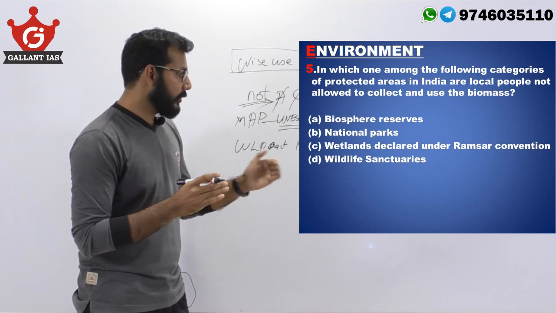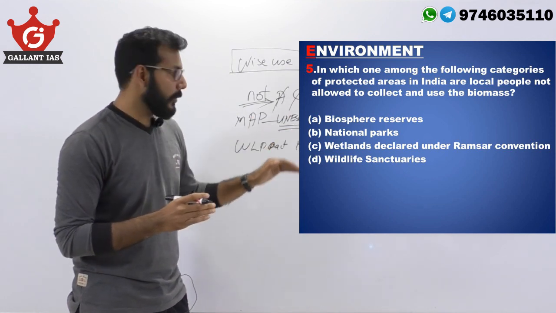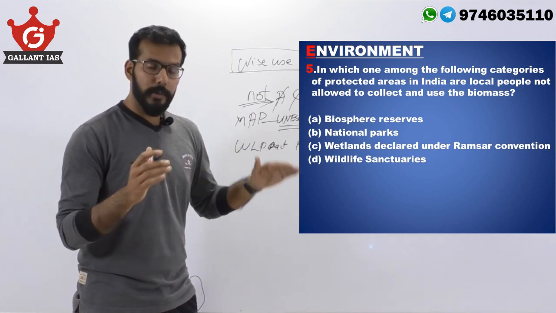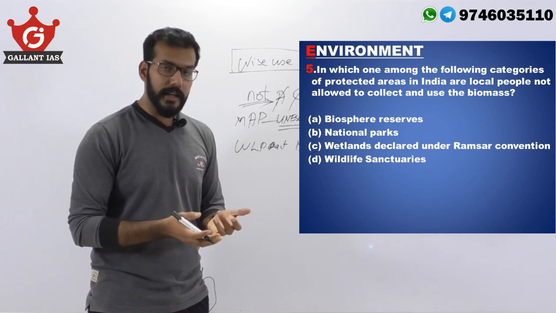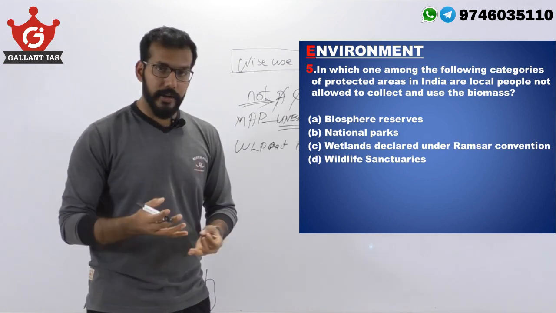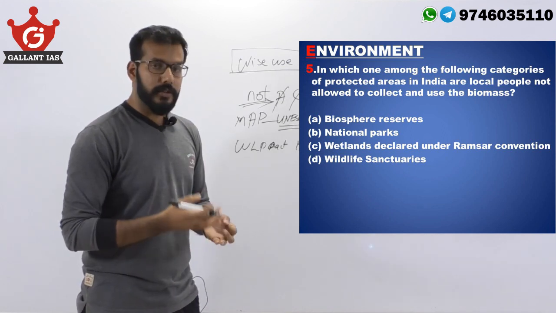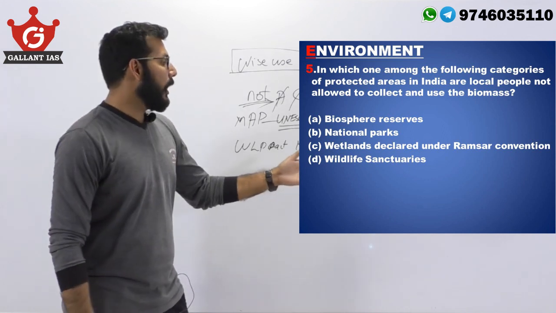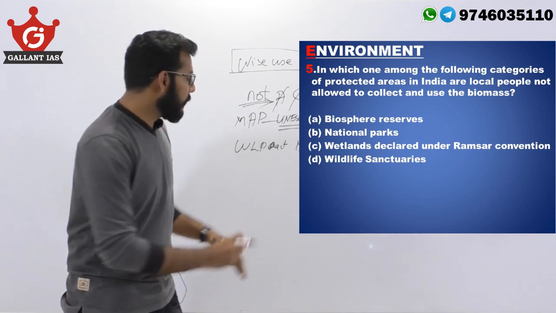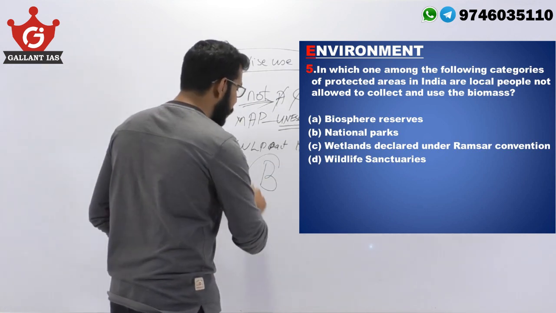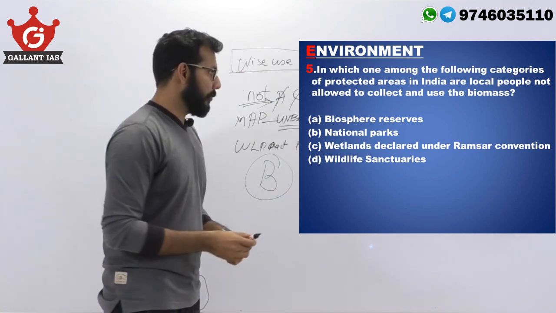That is the basic difference between wildlife sanctuary and national park. Whereas in wildlife sanctuary, local people are allowed to collect honey and other biomass like minor forest produce like twigs, tendu leaves, etc. Therefore, D is not our answer, and our answer here is B, which is national parks.